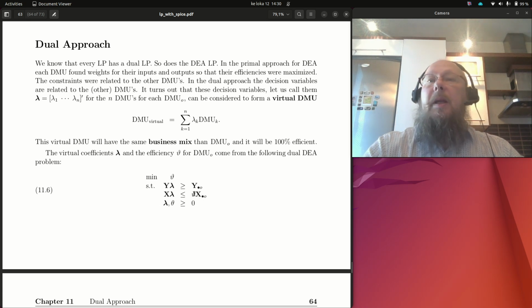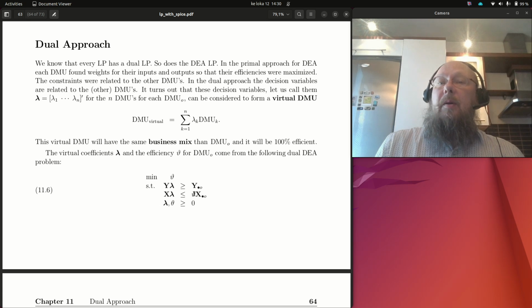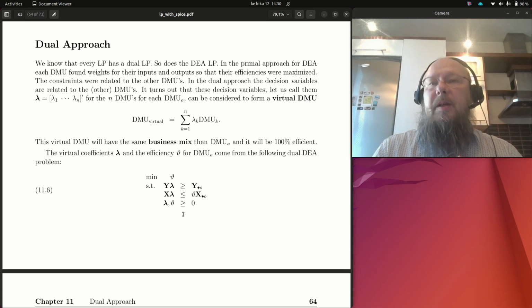Then this would mean that the DMU under consideration, DMU O, is 100% efficient. And if I need to scale the inputs here, then the efficiencies become worse and worse. That was the short, intuitive explanation of what the dual approach to DEA is.